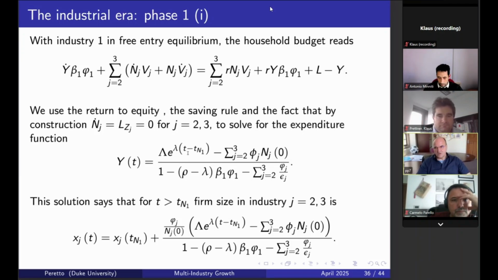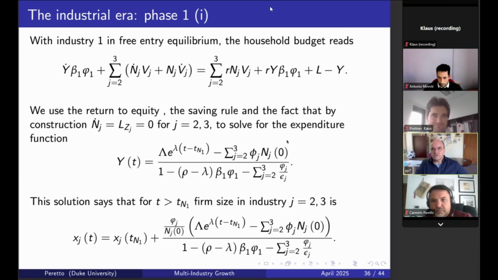Notice that now your calendar time starts ticking at T_n1, which is the event that industry 1 has crossed over into the industrial era. If we believe the historians that tell us the industrial revolution started with the cotton industry, then that's your cotton industry if you want. Or, I don't know, the steam engine industry, they use the steam engine.